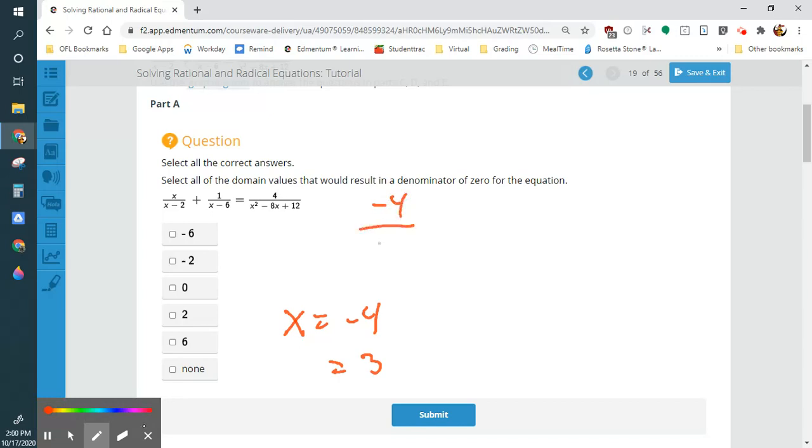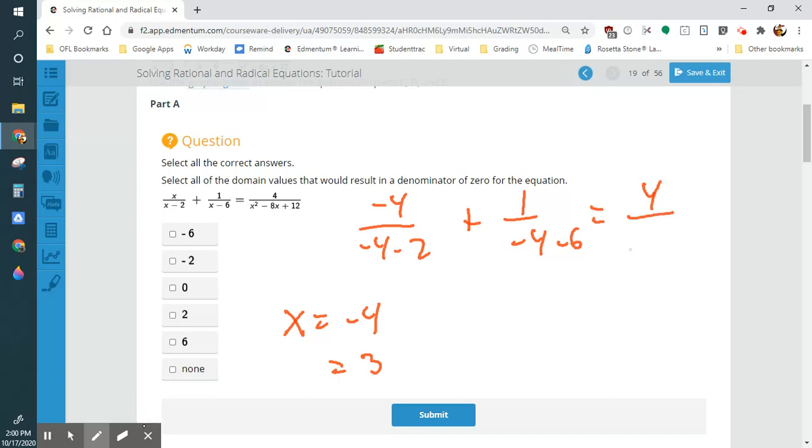we have negative 4 over negative 4 minus 2 plus 1 over negative 4 minus 6 equals 4 over negative 4 squared. So negative 4 times negative 4 is 16. Negative 4 times 8 is plus 32 plus 12.